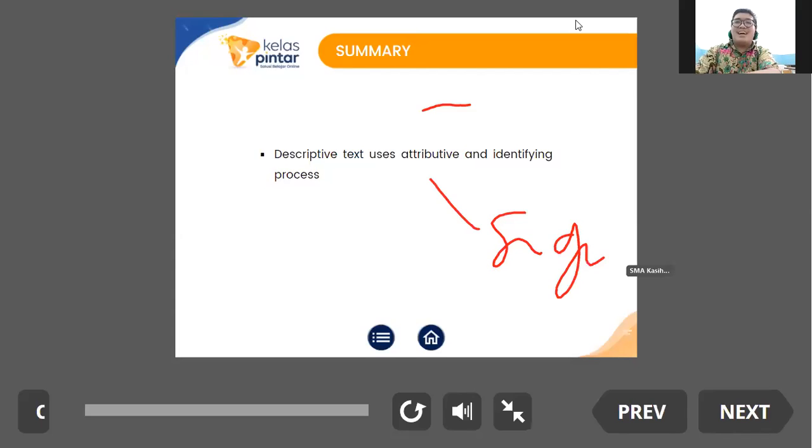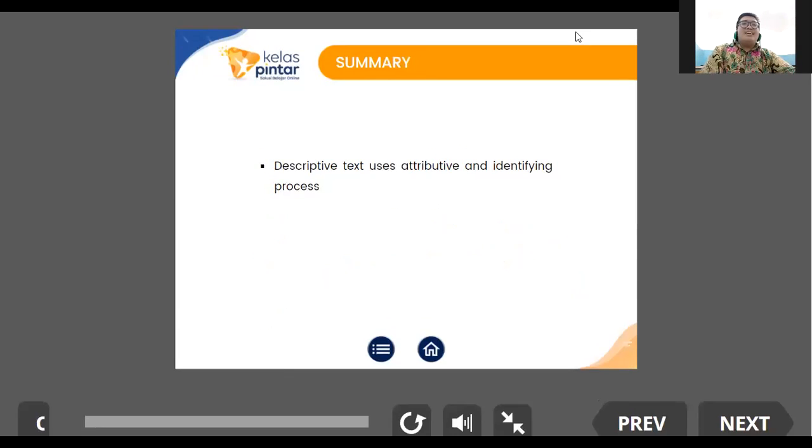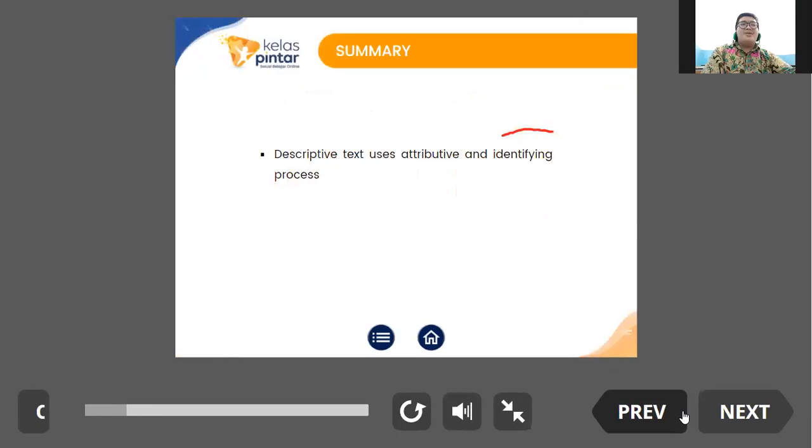It gives you the sign, tanda or symbol, description, etc. Jadi atributif itu semacam simbol atau gambar. And there is also the identifying process. Pastinya ada proses identifying karena kita akan menjelaskan seseorang atau sebuah benda atau sebuah tempat dengan detail. Jadi kita harus identify. Okay? All right.